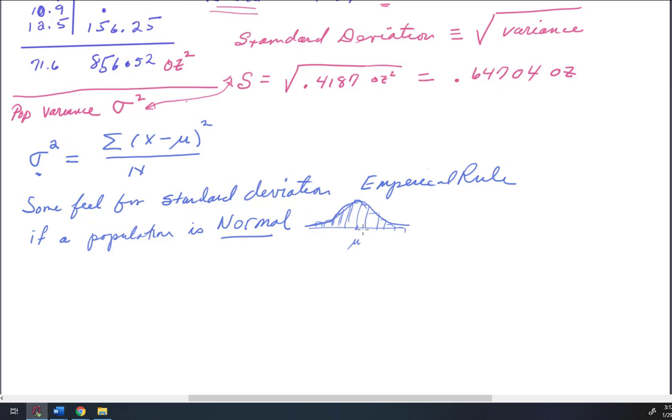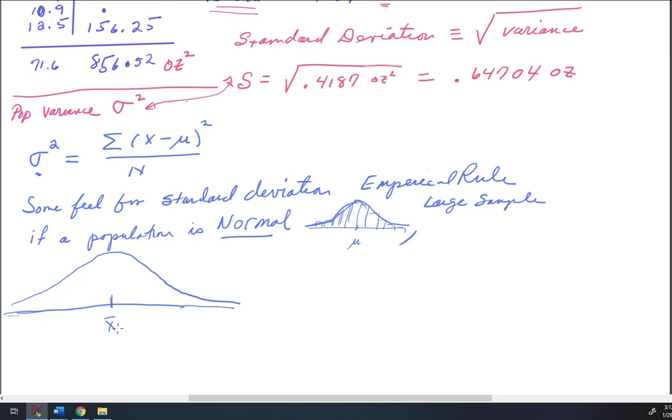The empirical rule says that if I have, and I'm going to do this for a large sample rather than for a population, and I'm going to draw a continuous curve because it's so much easier. So if I have my data, the histogram fits under this real nice. This would be X bar.